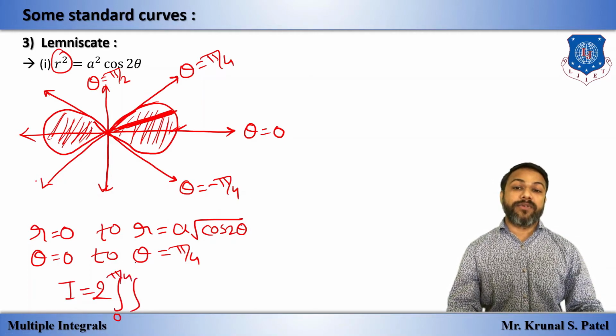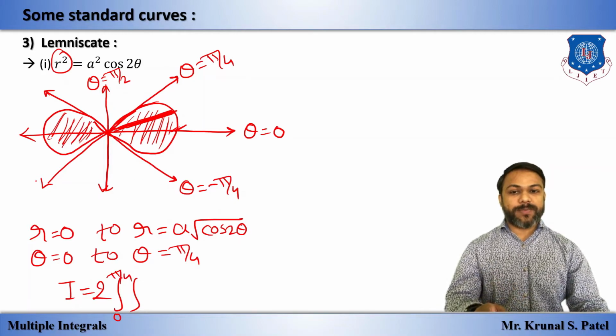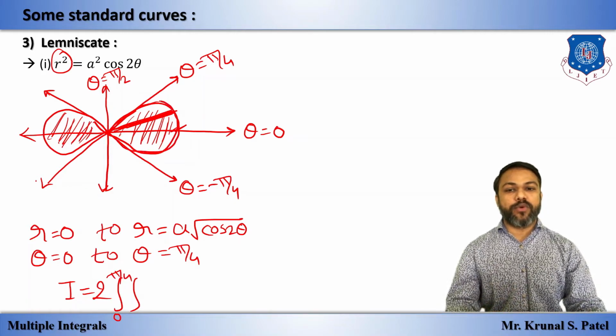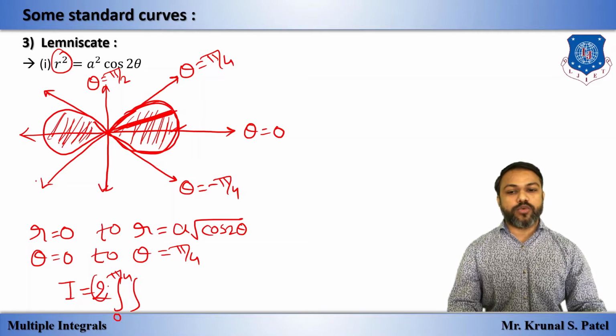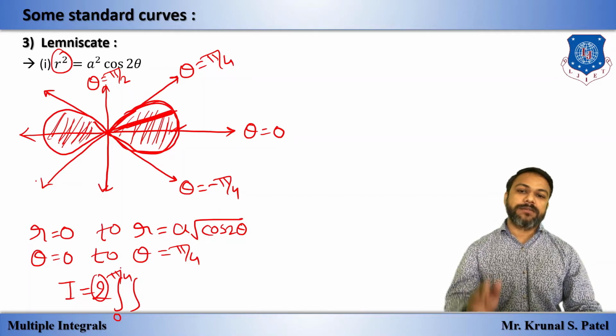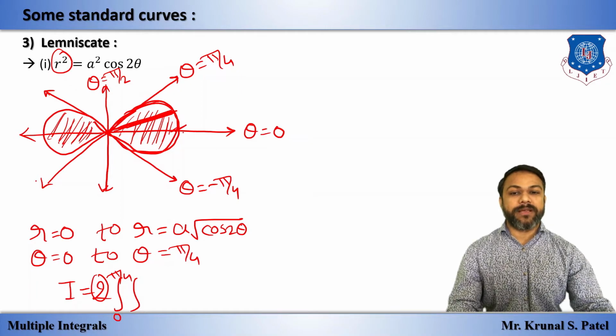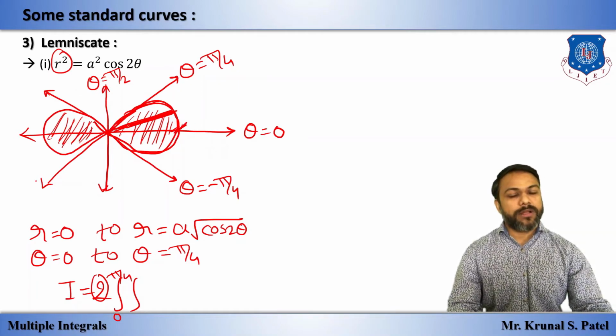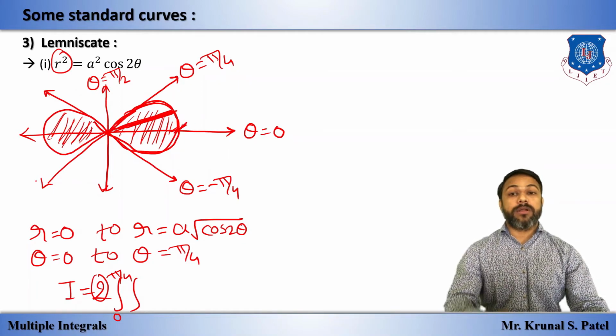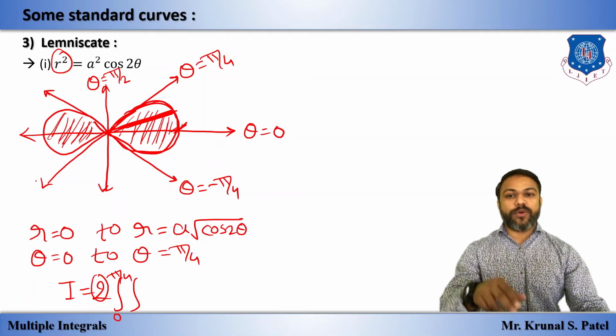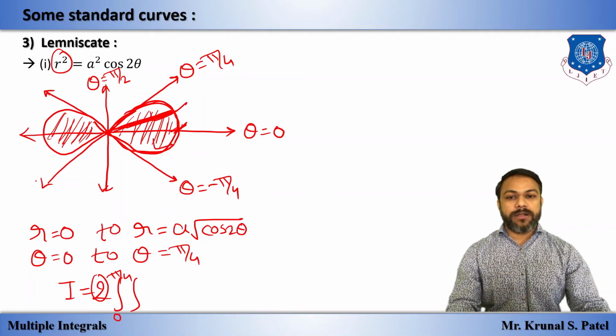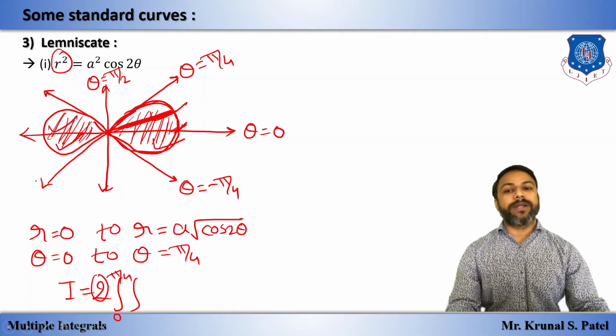If you take full, so minus pi by 4 to pi by 4, and no need to multiply with 2. Otherwise 0 to pi by 4 and 2 times, or over the whole Leibniz cat, then 4 times, 1, 2, 3 and 4 times.